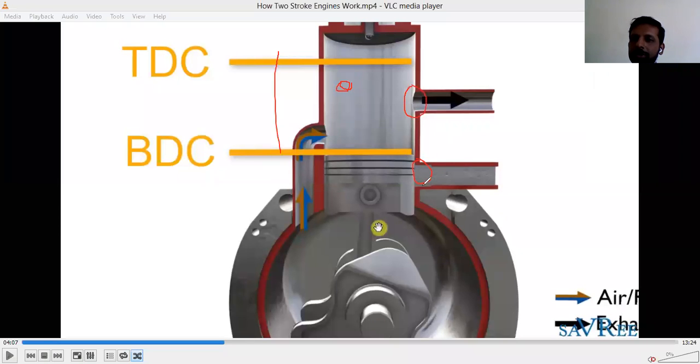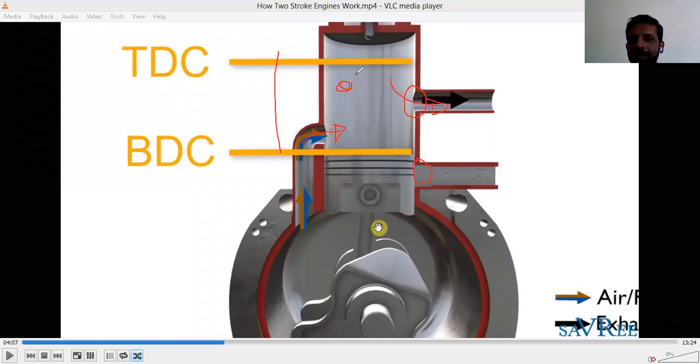Now as the piston moves from BDC to TDC, exhaust gases are being pushed out on one side, and fresh fuel is entering on the other side. Two things are happening at the same time once again. That is during the second stroke.